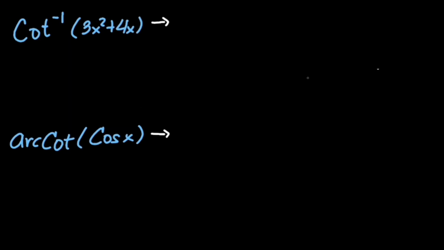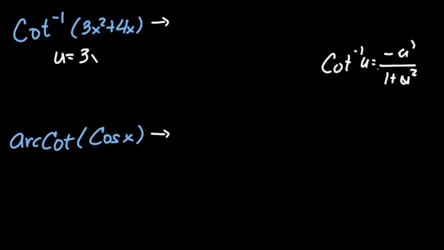Let's continue on with the derivatives of arccotangent. The formula for this again will be arccotangent of u will be negative u prime over 1 plus u squared. Now, let u here be 3x squared plus 4x.